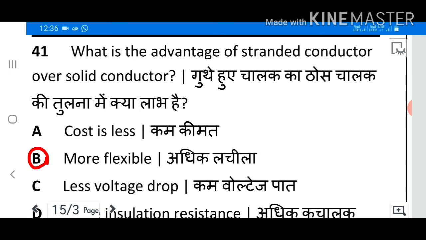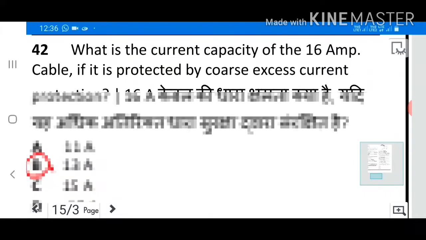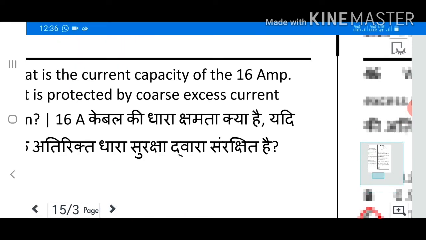Answer B. More flexible. 42. What is the current carrying capacity of the 16 amp cable if it is protected by coarse excess current protection? Answer B. 13 ampere.